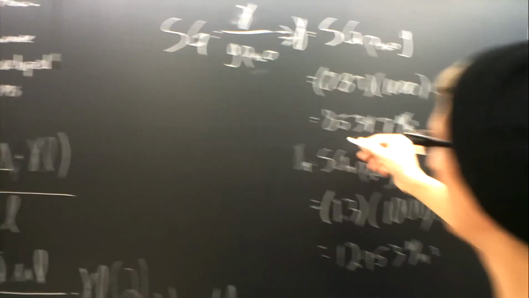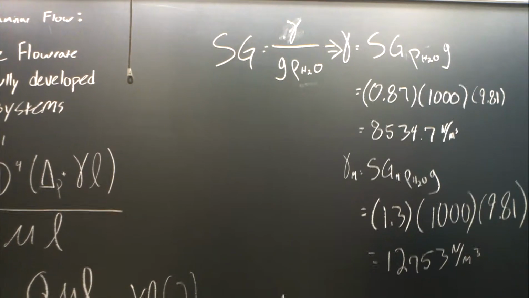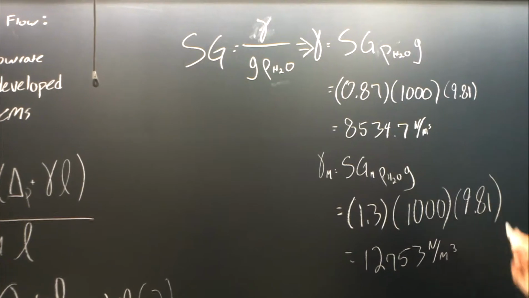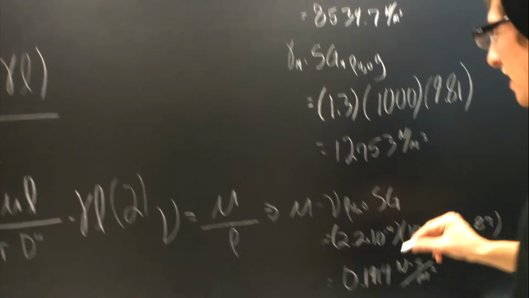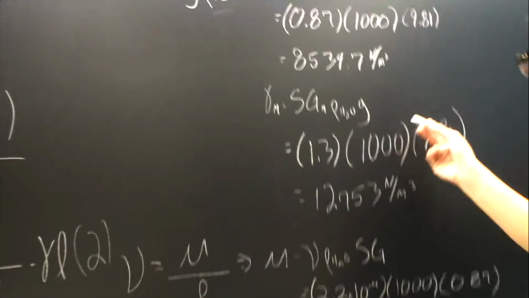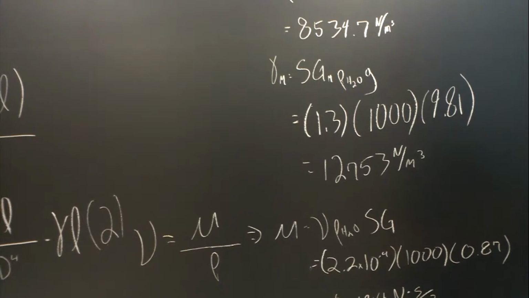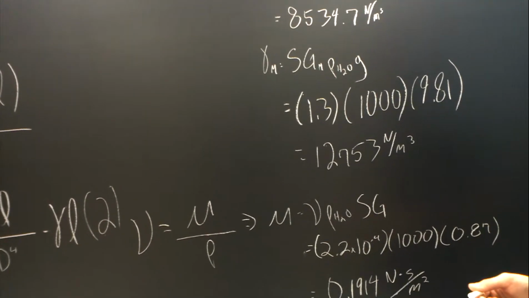Plug in the numbers, you find the gamma of the fluid is 8,534.7 newtons per meter cubed. Then you do the same thing to find the gamma of the manometer fluid, and you plug in the numbers there into the same equation, and you get that the gamma of the manometer fluid is 12,753 newtons per meter cubed.